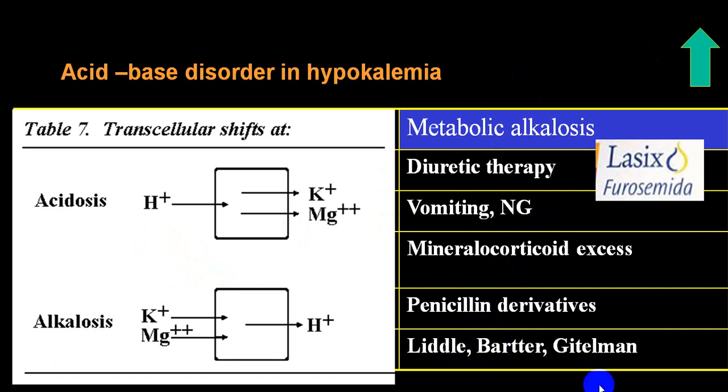They will develop metabolic alkalosis because of loss of certain materials. Here in vomiting and nasogastric aspiration, you will lose H ions, and there will be loss of potassium as well as H ions.